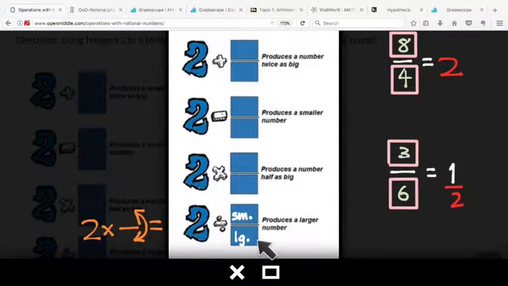From 2 through 9. What do you want to do? 5 over 9. Okay, we haven't used 5 or 9 yet, so let's just put it in there. 5 over 9. 2 divided by 5/9 does, in fact, produce a larger number, namely 18 over 5, which is 3.6. Okay, great.